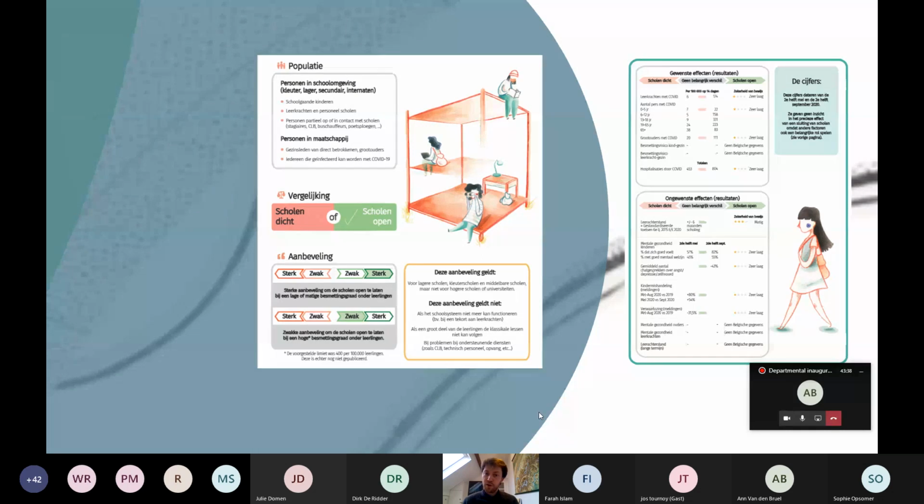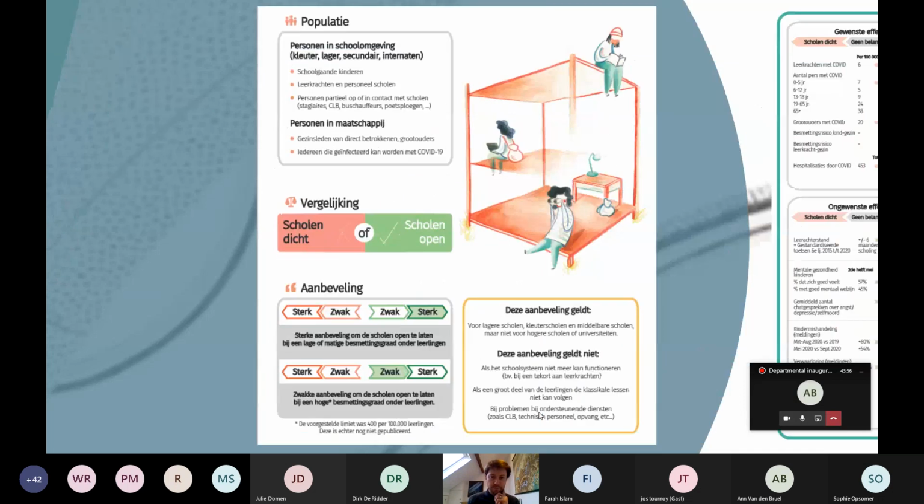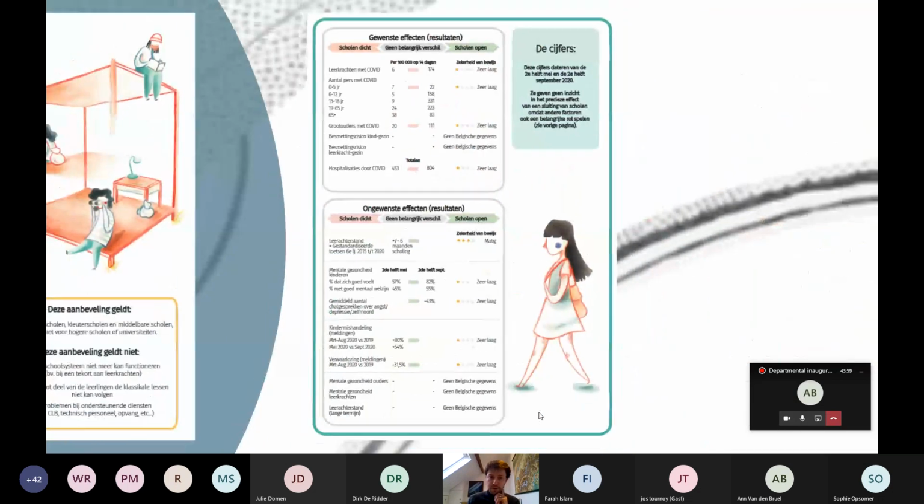And we were able to use the GRADE methodology to come with a very well-structured and well-organized panel to a recommendation to keep schools open in most situations during the COVID pandemic. But I'll go into how we did this a little bit later in this lecture. And this was the infographic for this.